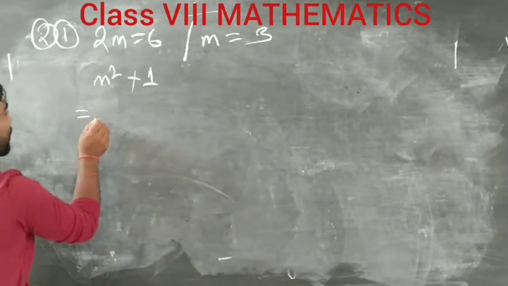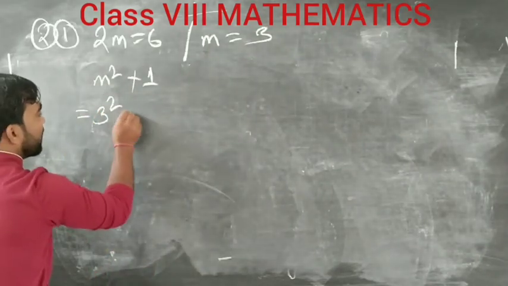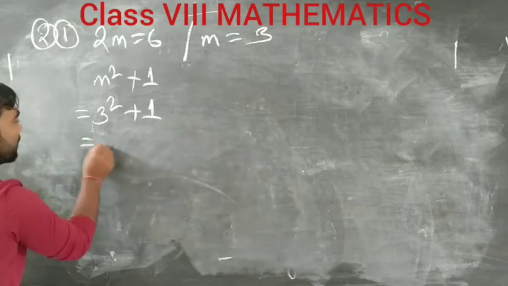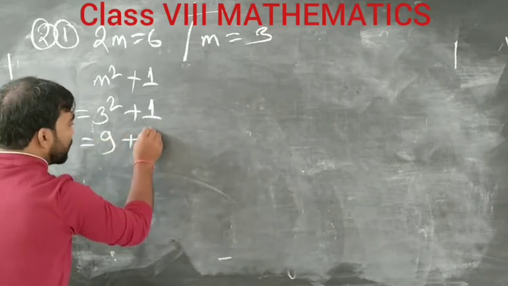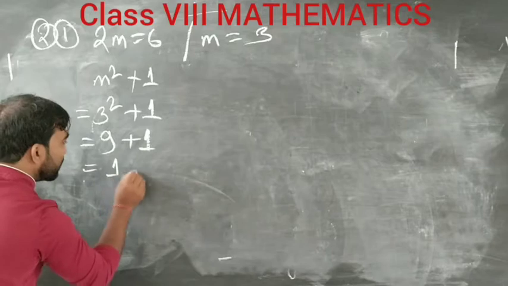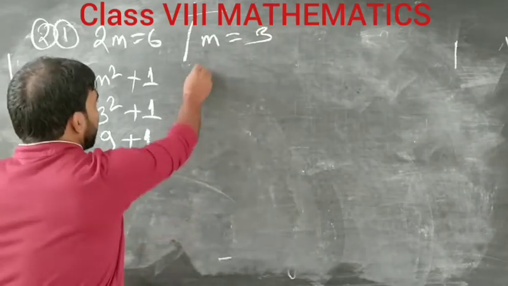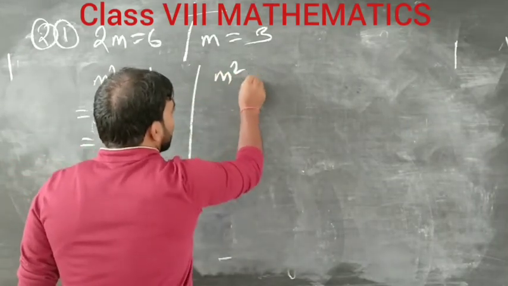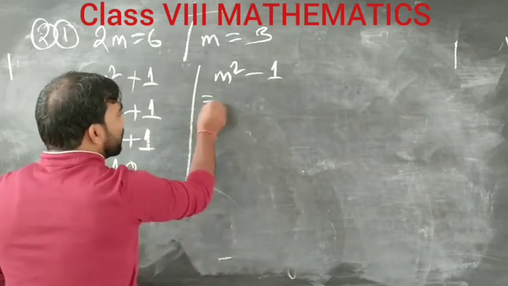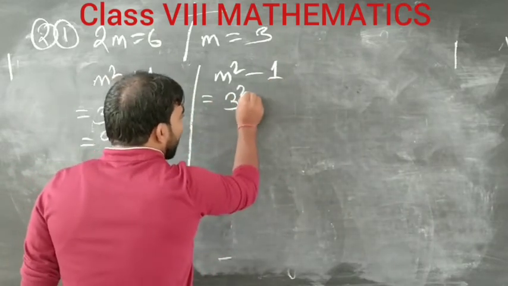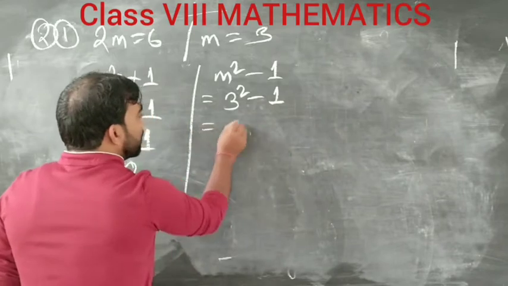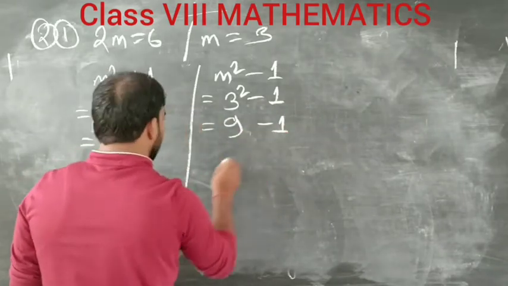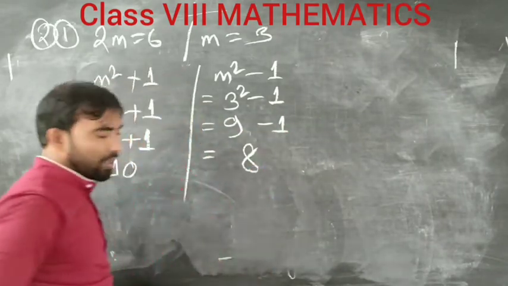So m square plus 1 equals 3 square plus 1, that is 9 plus 1, that is 10. Another one is m square minus 1, so 3 square minus 1, 9 minus 1, that is 8.